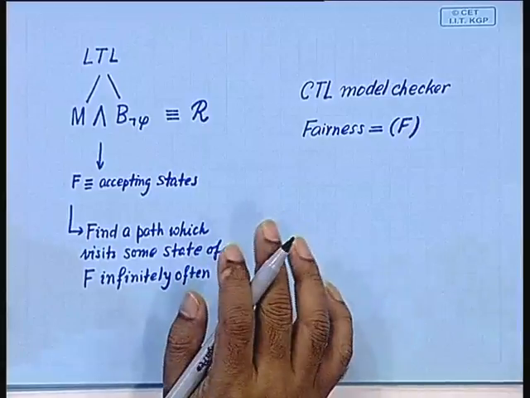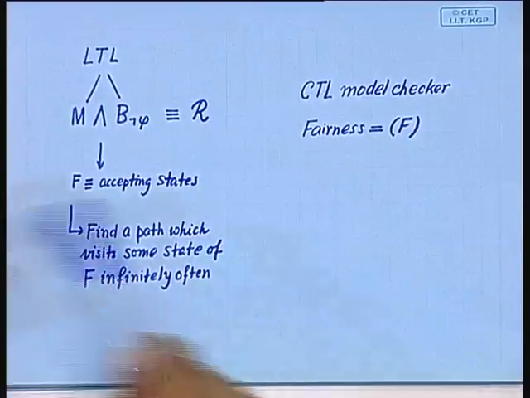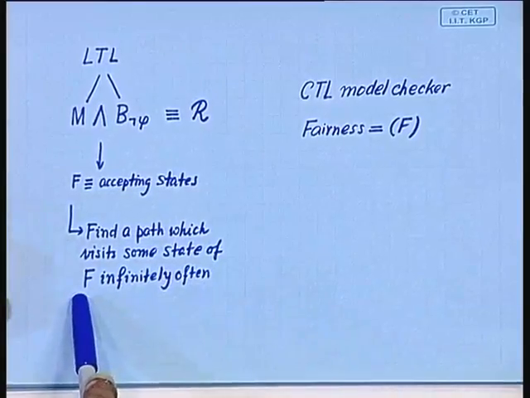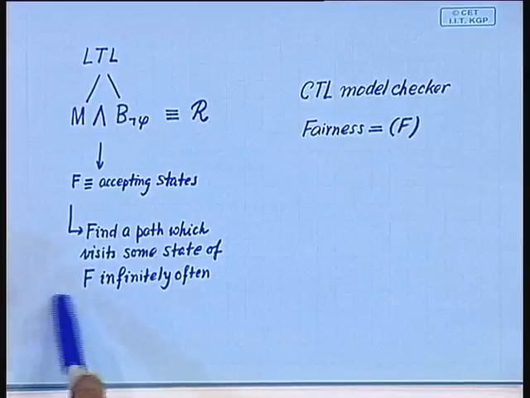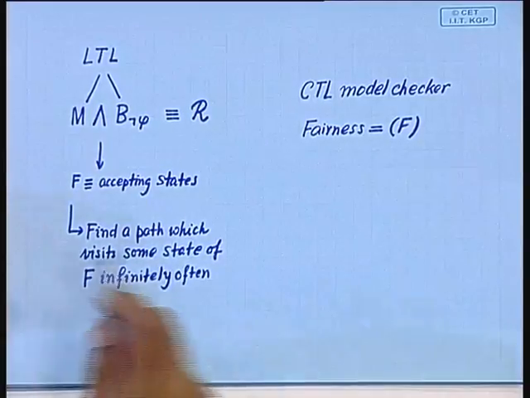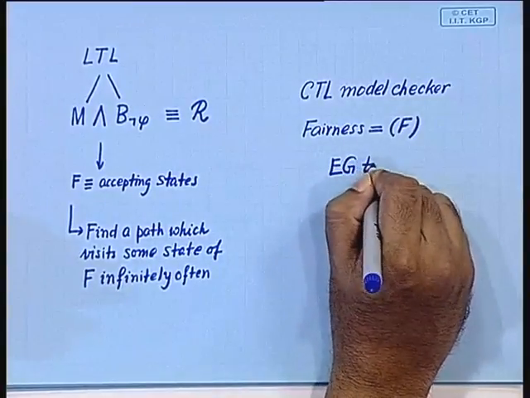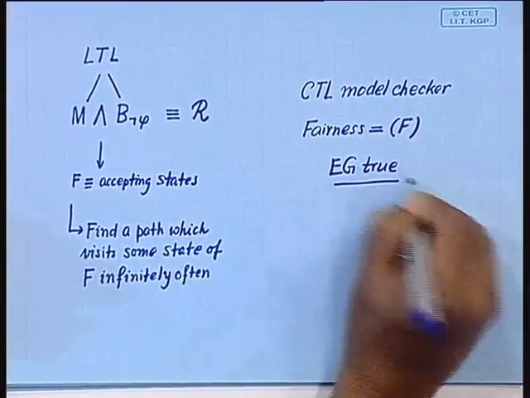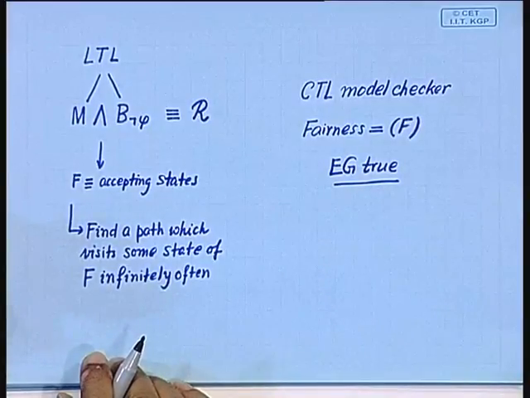If there is any infinite path in the fair Kripke structure, then that is a path which goes through states in F infinitely often, right. So what do you look for? You just look for the property EG true. What is EG true?